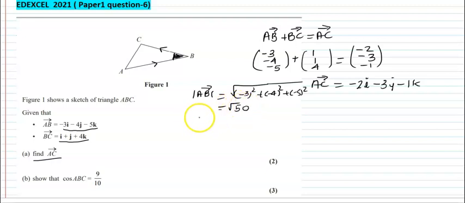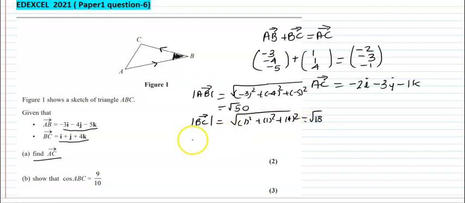Then we can find modulus of BC. So modulus of BC will be 1 squared plus 1 squared plus 4 squared, and it should be 16 plus 1 plus 1, that is root 18.